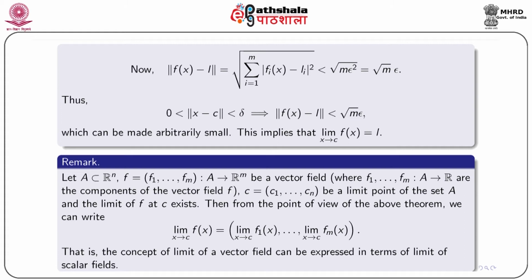Then in view of the above theorem, we can write the limit of f(x) as x tends to c equal to the ordered m-tuple: limit as x tends to c of f1(x), up to limit as x tends to c of fm(x). Here, the concept of limit of a vector field is expressed in terms of limits of its components, that is, scalar fields.